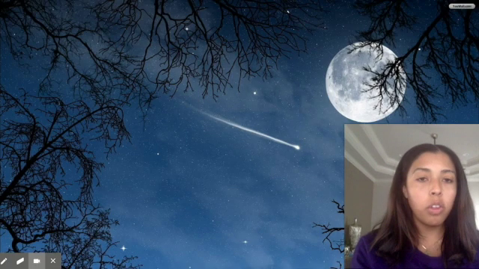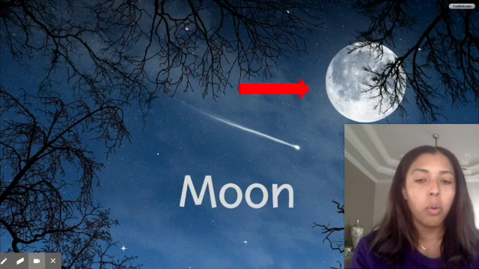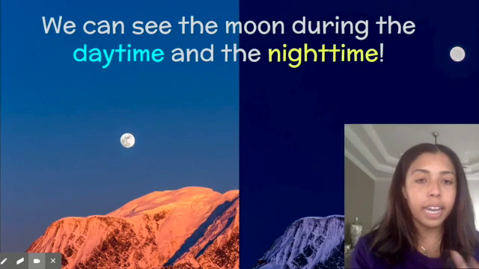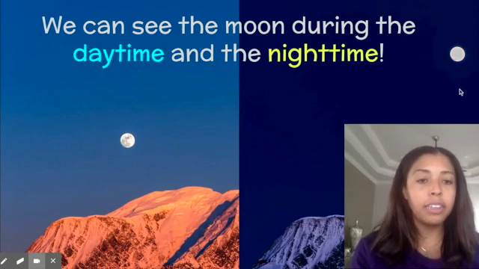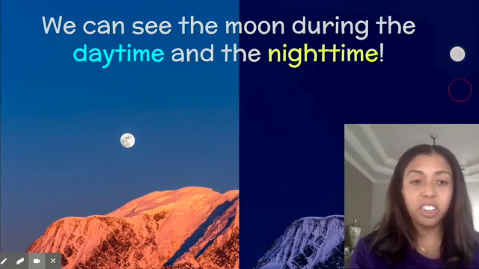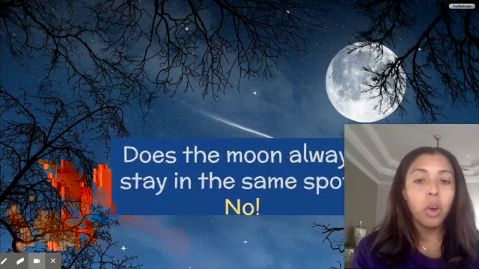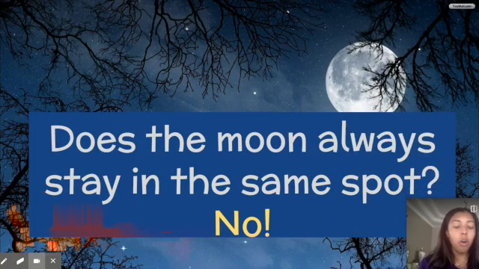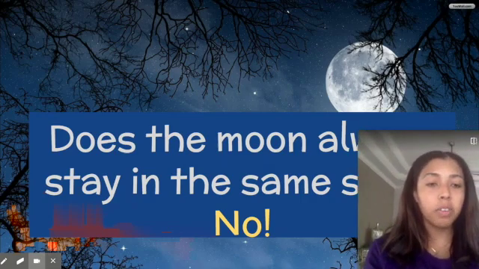We also talked about this object over here called the moon. We learned that you can see the moon during the daytime and during the nighttime, but it's easier to see it during the nighttime. We also learned that the moon does not always stay in the same spot.